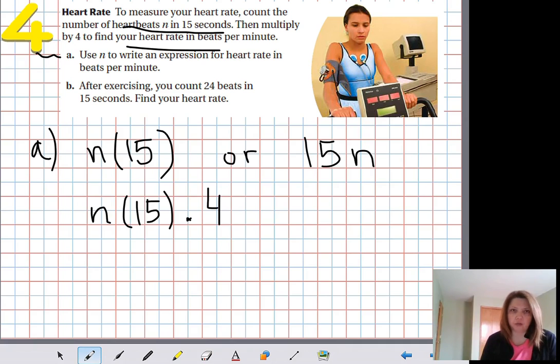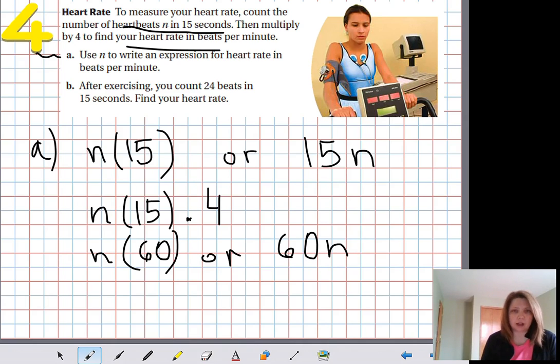To measure your heart rate, count the number of heartbeats times 15, because it's in 15 seconds, then multiply by 4 to find your heart rate. If you want to write the expression in minutes, then instead of 15, we're going to have n and 60, or 60n as well.